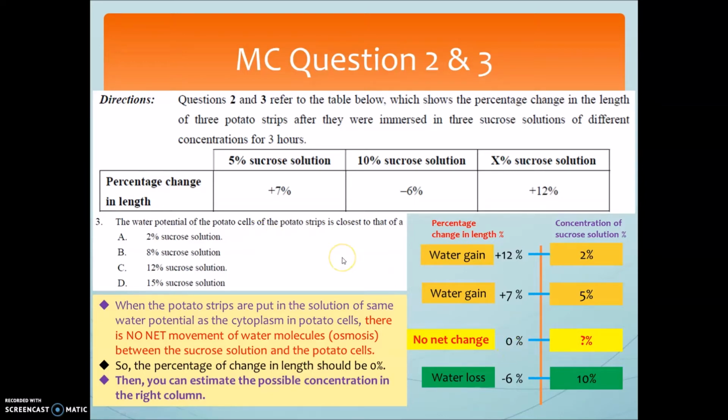So the answer must be 8%. Because 2% is already wrong. And for 12 and 15%, it will lead to a greater water loss, so the number should be more negative. So that's for question 2 and 3.